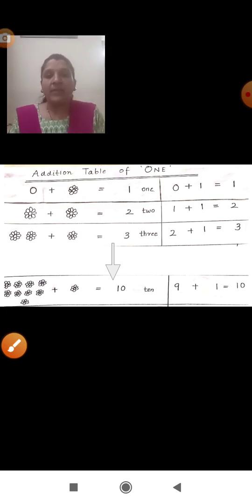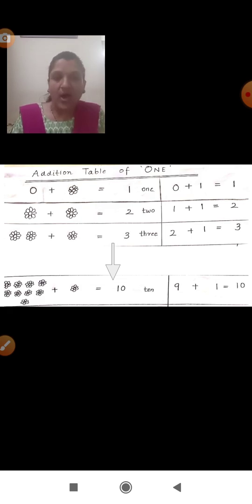You have to make a maths project on one paper, the title of which is Addition Table of 1. You have to start it with first row as shown. 0 plus 1 flower equals to 1, or any 1. 0 plus 1 equals to 1.